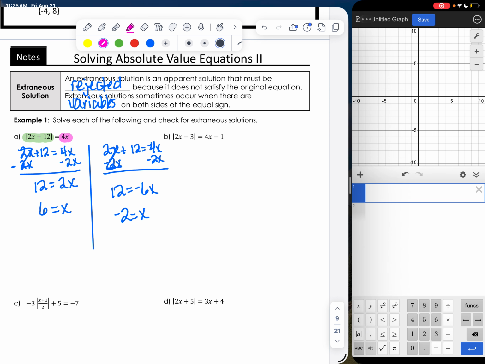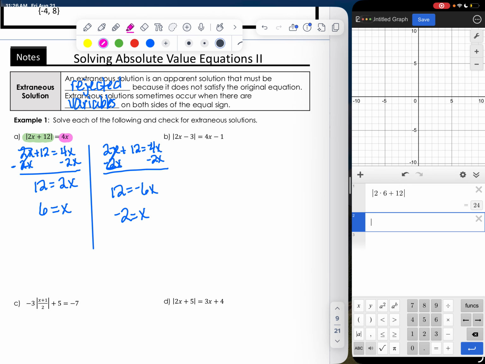So on Desmos, the absolute value button is right above the ABC on the bottom left corner there. So absolute value. And then instead of 2x plus 12, I'll put my solution, which is 2 times 6 plus 12. All right, now I get 24.